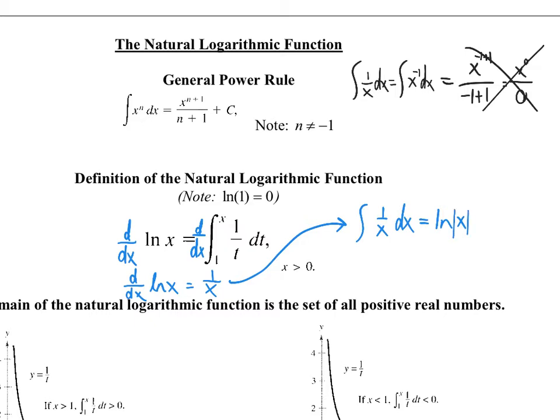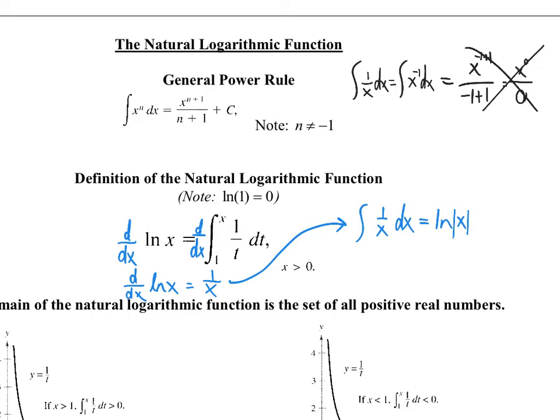That's because in the function 1 over x, x is allowed to be negative numbers, but in the natural log it's not. That's why over here it says that x has to be greater than 0. So it's almost an inverse relationship, as we've seen with our other integrals and derivatives. That's what we can develop here, and these are 2 rules that we're going to be using over the next couple of lessons.